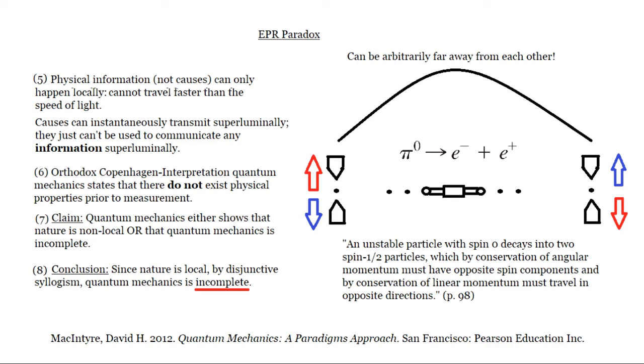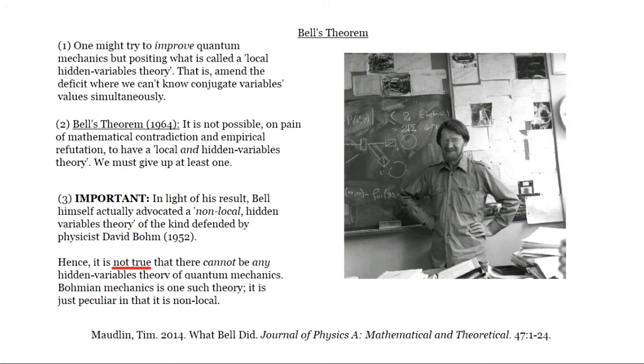Well, it turns out that those hopes were thwarted by the work of John Stuart Bell, the eminent Irish physicist. So, looking at bullet point number one, one might try to improve quantum mechanics by positing what is called a local hidden variables theory. That is, amend the deficit where we can't know conjugate variables' values simultaneously by introducing a hidden variable.